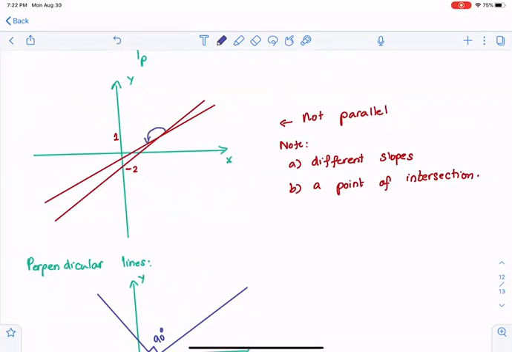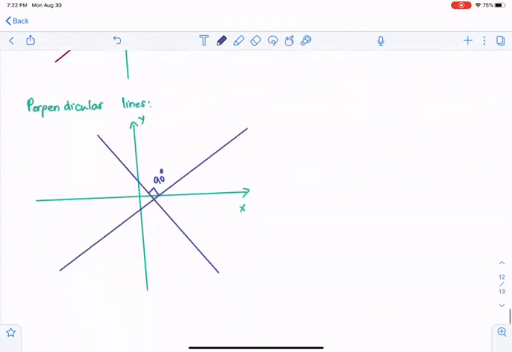The angle is more than 90 degrees. So clearly, if lines are perpendicular, they definitely will intersect. They have to.